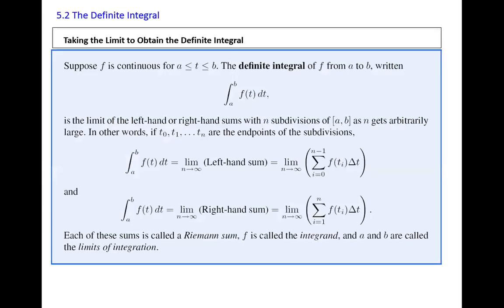Let's see. We do have, of course, a special notation. The notation for the integral is like a kind of elongated S, because actually what this means is the summation of all of these rectangles.